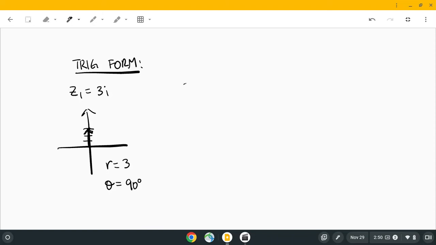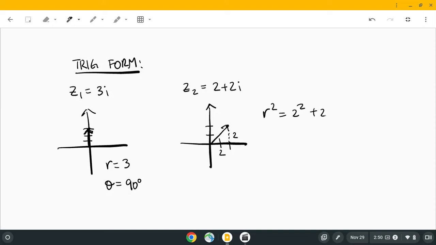Okay, Z2, what is Z2? 2 plus 2i. So that's this here. And okay, so we're going to need to do a little bit of math here. r squared is 2 squared plus 2 squared. r squared equals 4 plus 4. r squared equals 8.